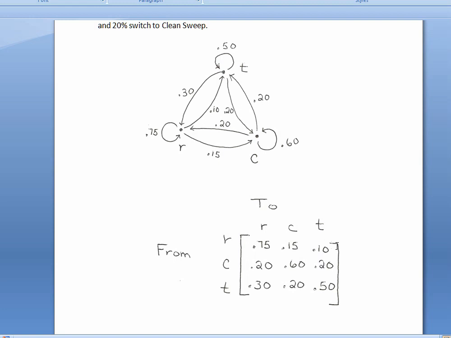And row R, column T, tells you 10% of the people that buy rough stuff are going to buy tender tushy next week. And you can do exactly the same thing for row C and row T, and you've got the relationship between the transition matrix, the transition diagram, and the problem that created them. Now that'll take you through set 6.1.